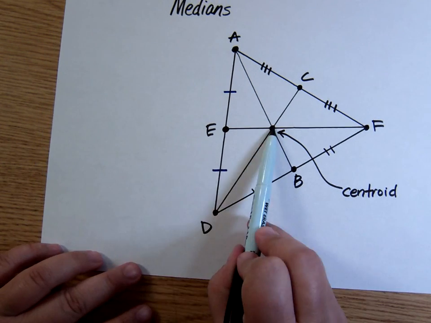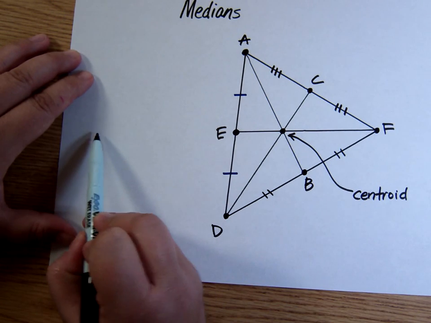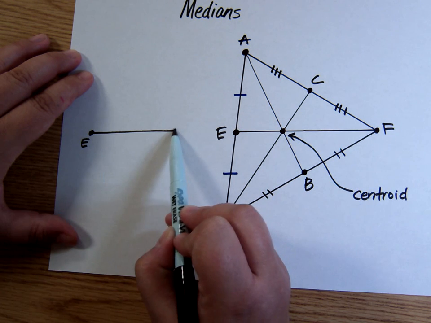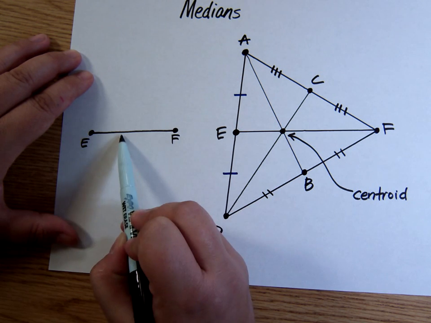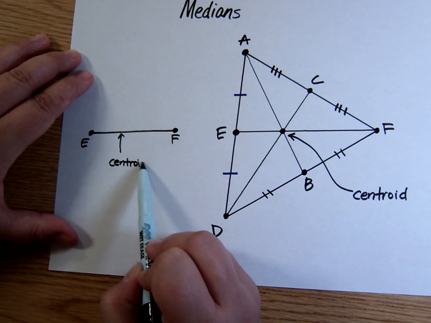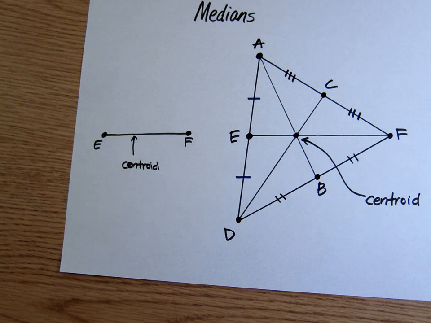So that means, for instance, for segment FE, if I think of FE by itself, and here's the centroid, then 2/3, that means 2 parts out of 3. So let's think of dividing this into 3 parts.